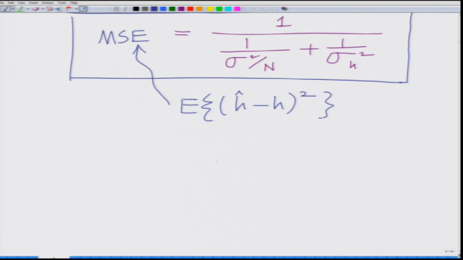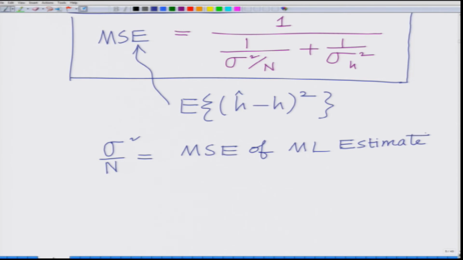And now, we have an interesting interpretation of this. Look at this quantity. You can recall that this quantity sigma square divided by n is the mean squared error of the ML estimate.